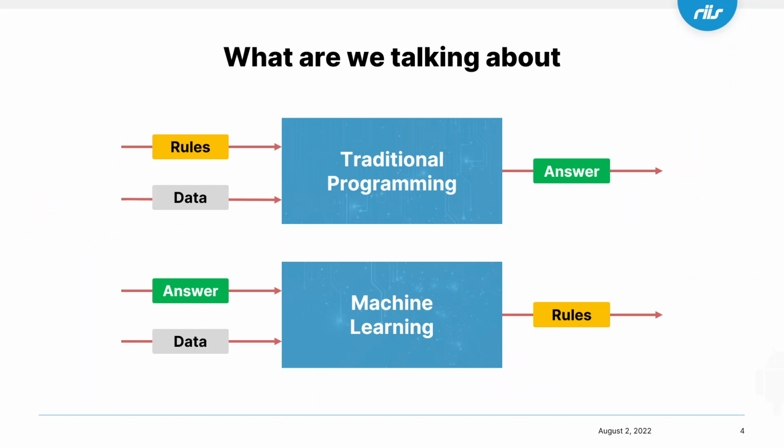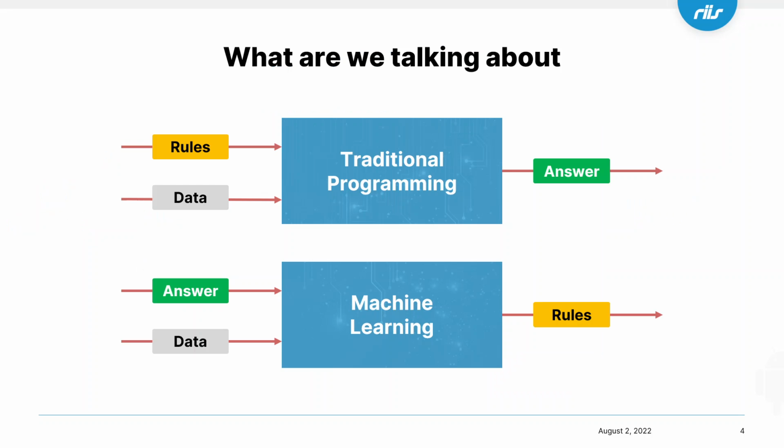You basically have a bunch of rules, and then you provide your data, and it gives you the answer. So I'm going to write my very functional code to say, here's what my recipe is going to be, and it's going to be the same every single time, especially if you provide the same data.